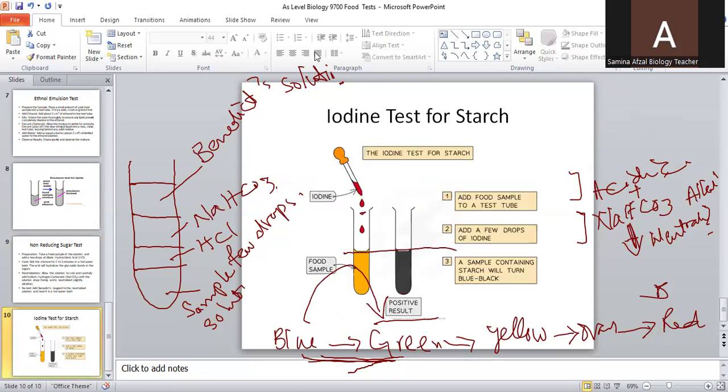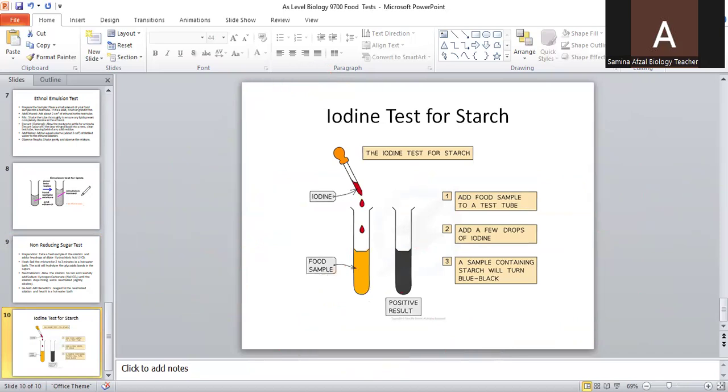Now the last test which we are going to discuss today is the iodine test for starch. This is the confirmatory test to find out the presence of starch in any given solution. For the purpose, you will take the sample solution and add iodine over it.